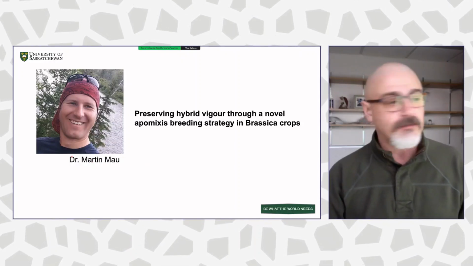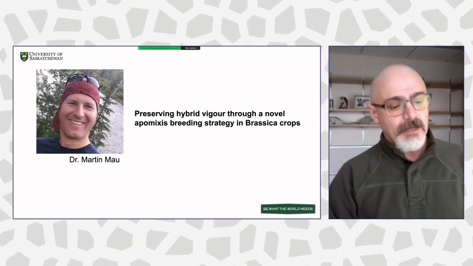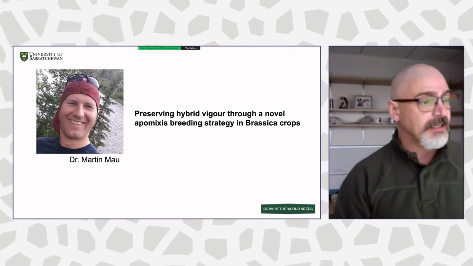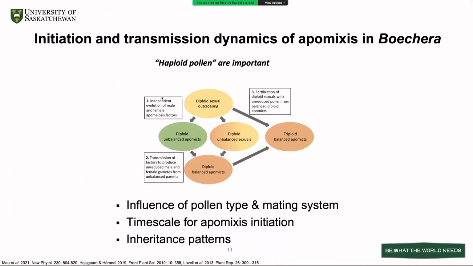He's been with me now for almost 15 years. And Martin started a crossing project about 6 years ago when we were in Germany, and then we subsequently moved it here. To make a long story short, haploid pollen seemed to be the very important factor, which accounts for the spread of apomixis in natural populations.